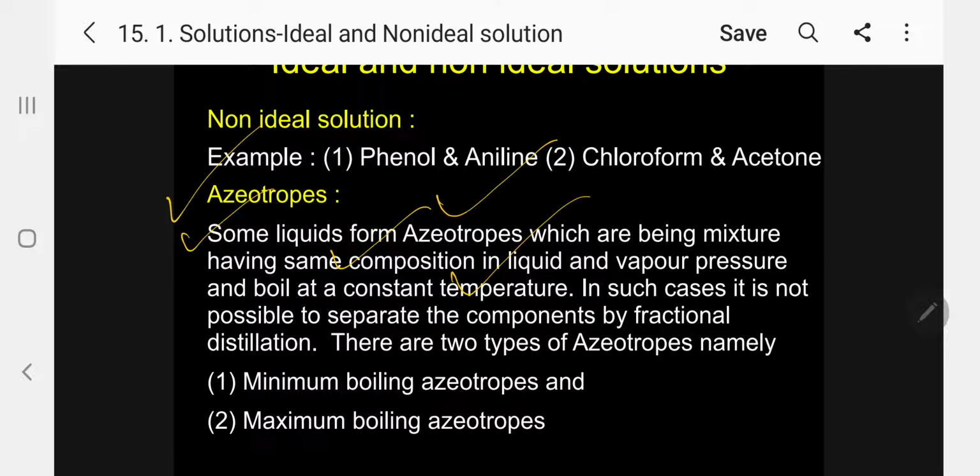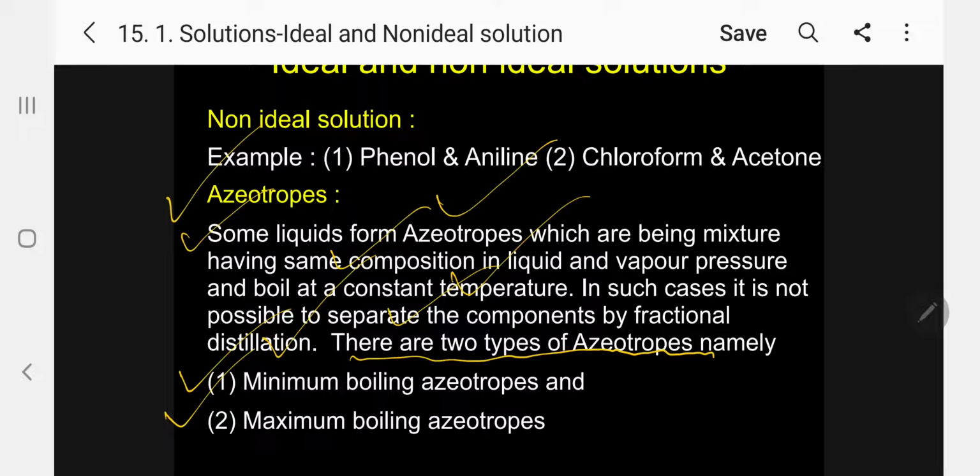In such cases, it is not possible to separate the components by fractional distillation. There are two types of azeotropes, namely minimum boiling azeotropes and maximum boiling azeotropes.